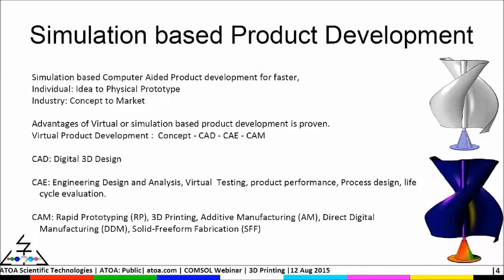Currently, simulation-based product development is successfully leveraged by the industry for faster concepts to marketing of products. The components of virtual product development are CAD, CAE, and CAM. Right side what you see is a new vertical wind turbine concept.